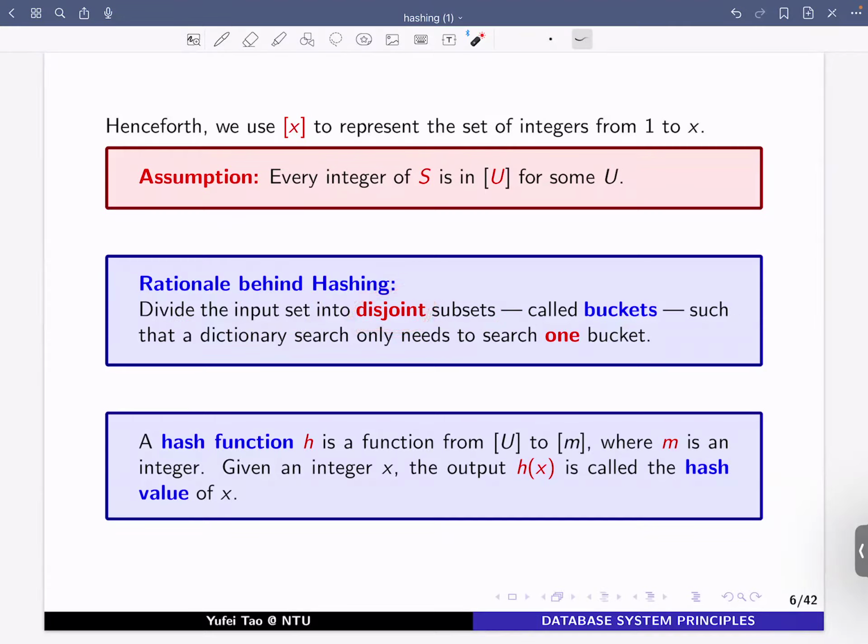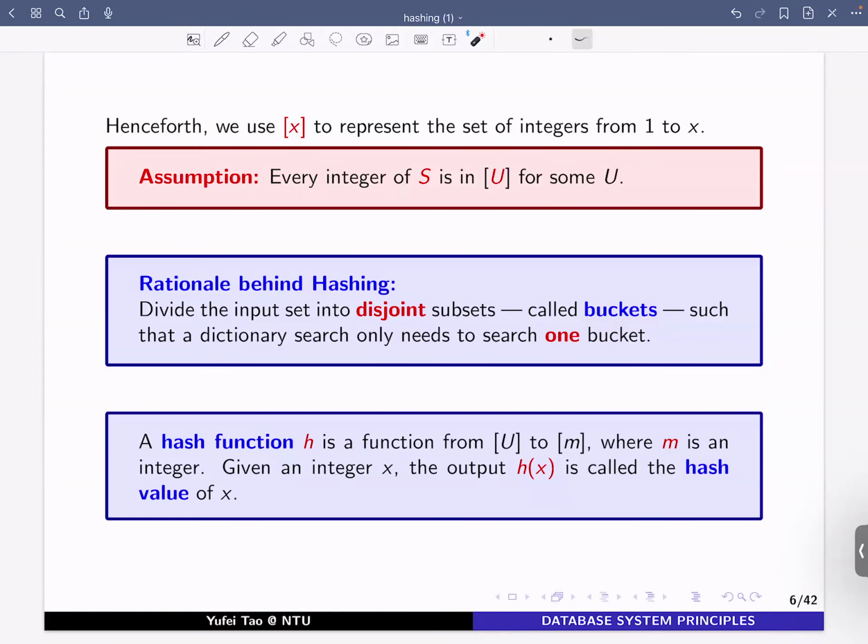You can imagine every subset being a bucket. We use a bucket or barrel to contain a lot of elements, right? So instead of saying subset, that's not fancy, I'm going to say bucket. You can imagine a lot of buckets there. Every element in the input set goes into one and exactly one bucket.